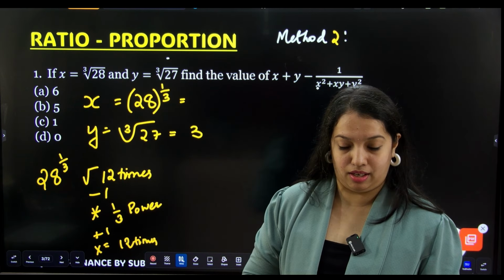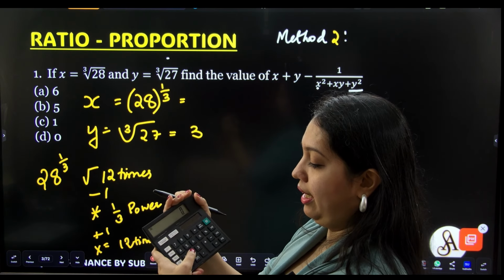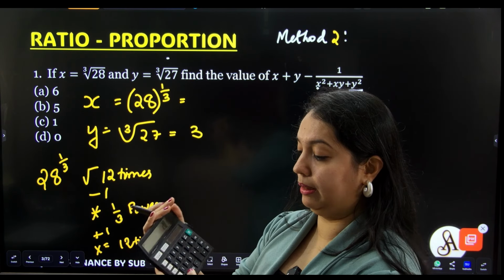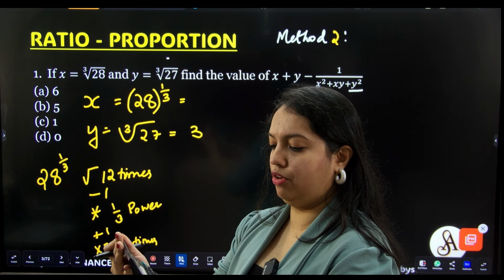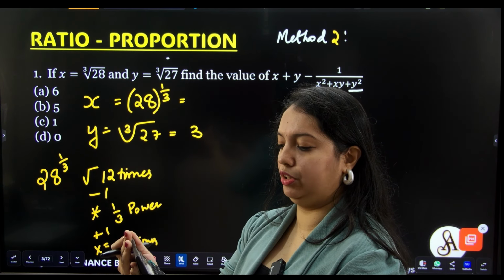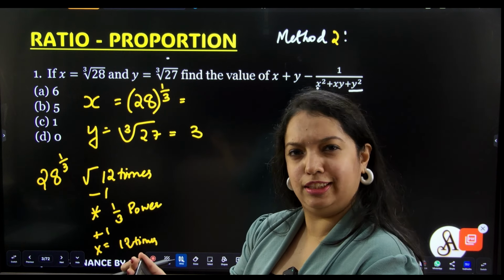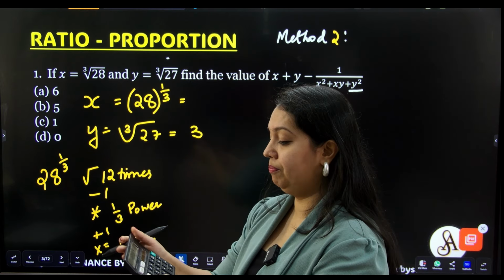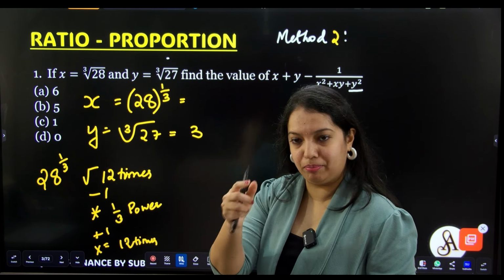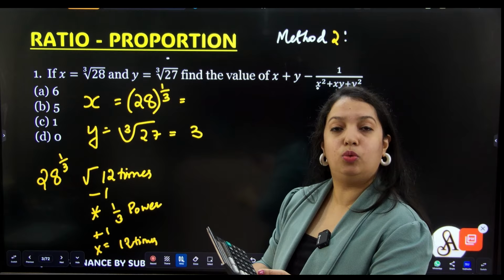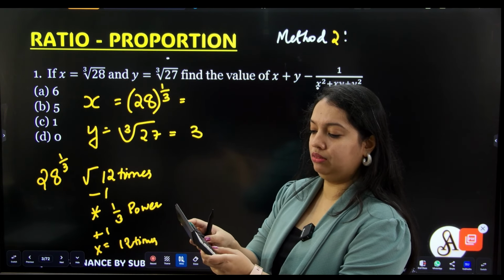You take the calculator along with you and let's start the calculation. Take 28 on the calculator. Press the square root button 12 times: 1, 2, 3, 4, 5, 6, 7, 8, 9, 10, 11, 12. You get 1.013. Minus 1, into whatever the power is. You have 1 by 3 as the power, correct? Do 1 by 3 plus 1.